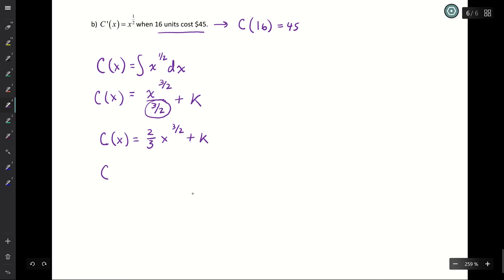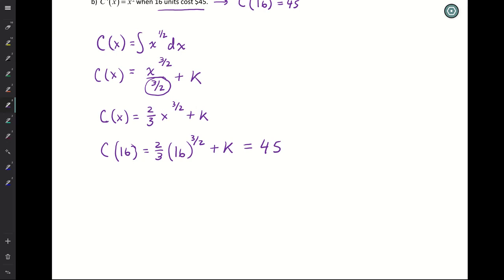So c of 16 is going to equal 2/3 times 16 to the 3/2 power plus k. And I know eventually that value is 45. I'm going to drop the c of 16 notation. I don't need that. And then right here where we have the 2/3 and then 16 to the 3/2 power, instead of using a 3/2 power, we're going to use root notation.